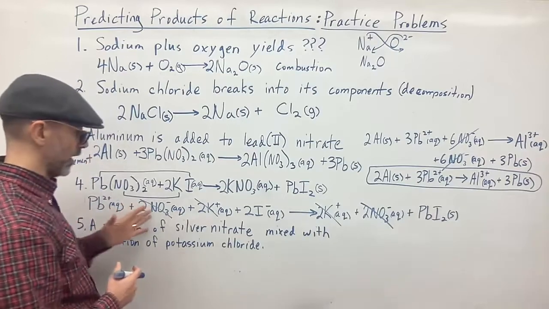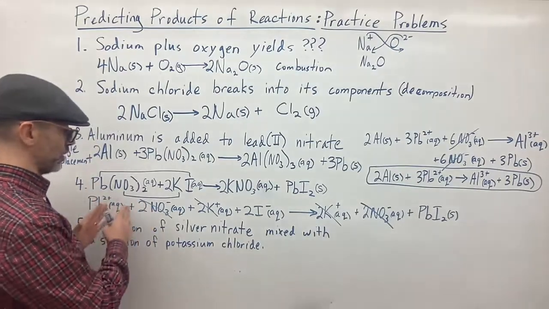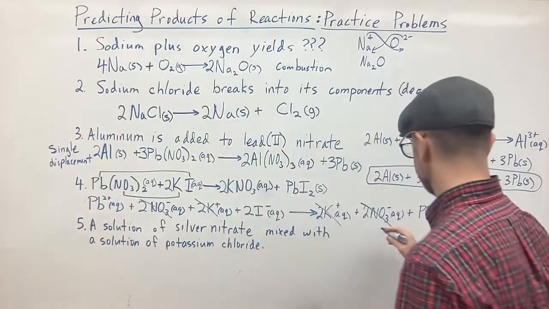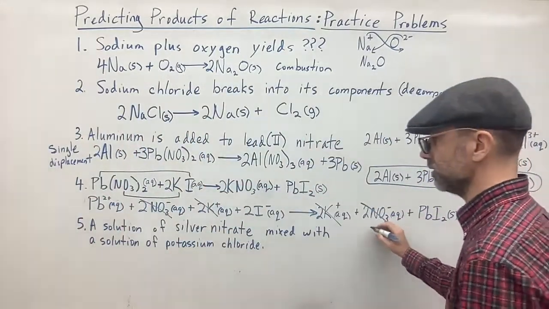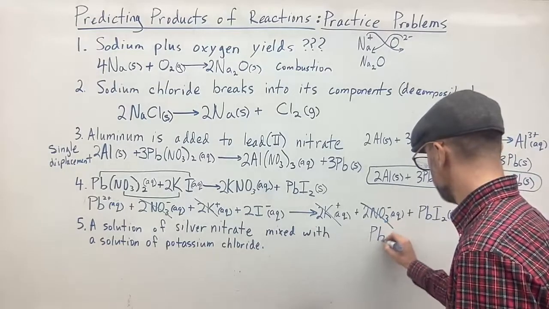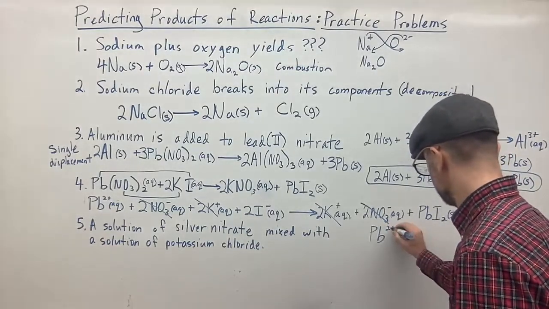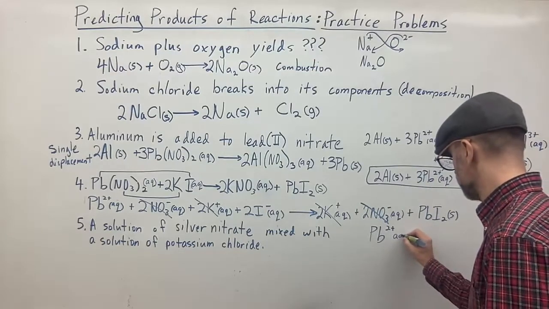Now to write the final one, we just write it without the spectator ions. So finally, we would write Pb2 plus aqueous.